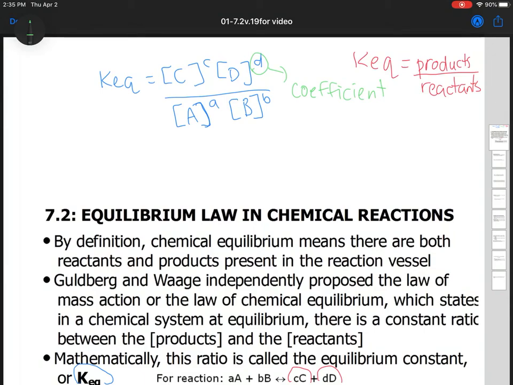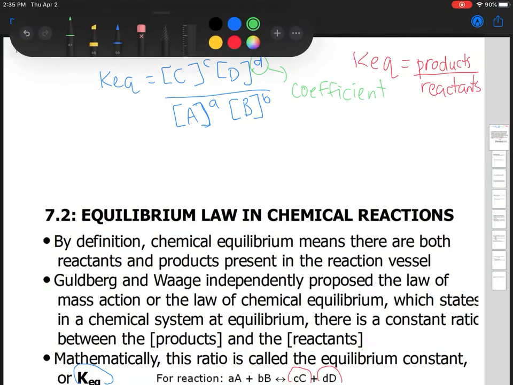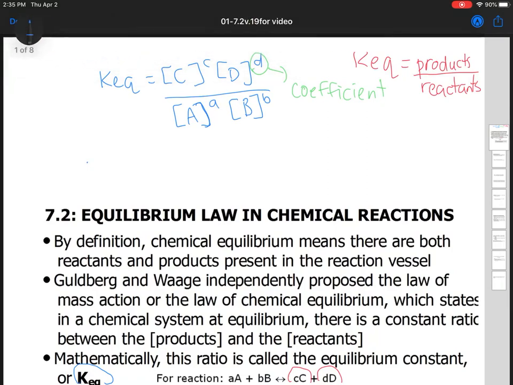Another big thing, and it is bolded there: no solid or liquid reactants or products are written in the equilibrium law. If you think about trying to change equilibrium and reactivity, solids and liquids are very, very unreactive. Liquid would be like water, but we often use it to make a solution, right? We make a solid ionic compound aqueous.